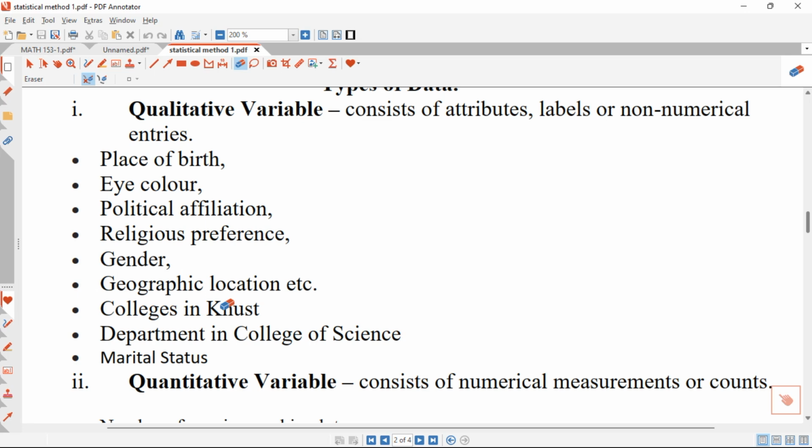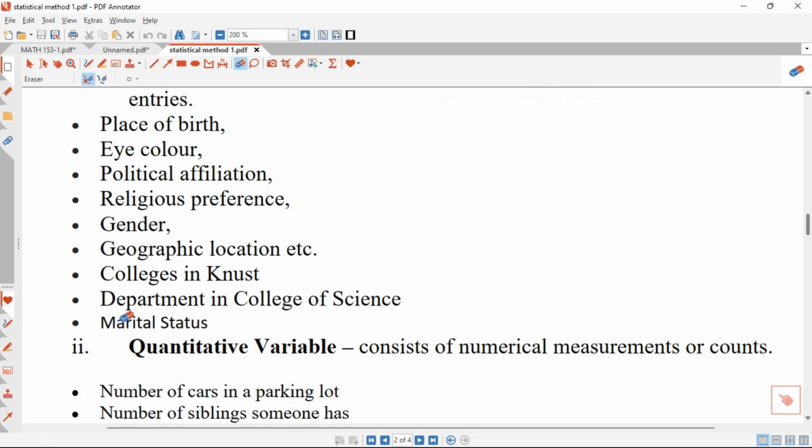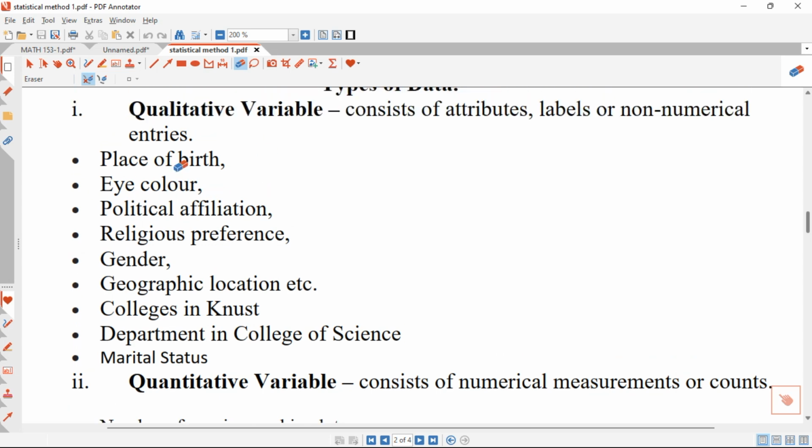These are all forms of qualitative variables. We have departments in the College of Science, about 12-15 departments there. These are all qualitative variables, and we have marital status. So these are examples of qualitative variables.